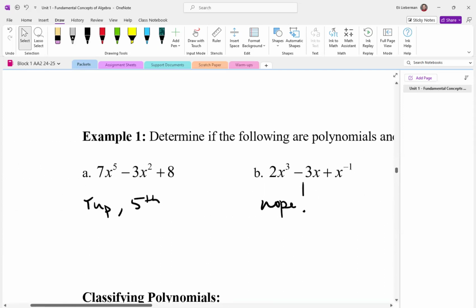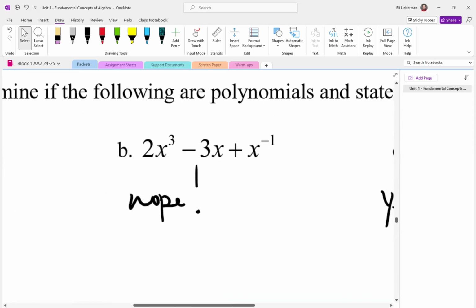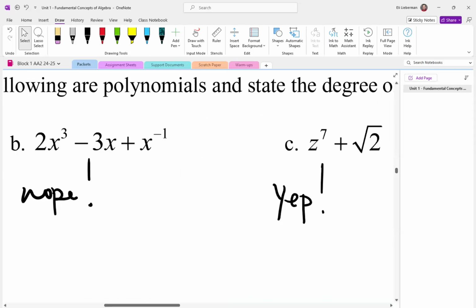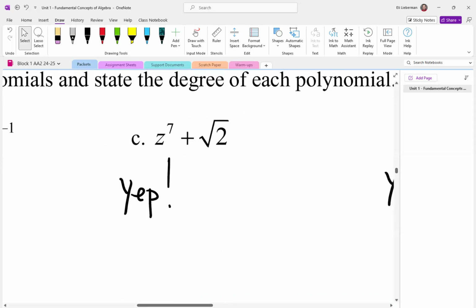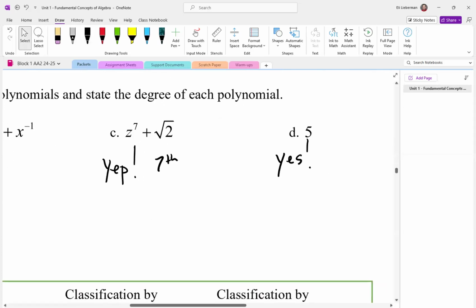Degree is the highest exponent on the variable. So B does have a degree, but it's not a polynomial, so we're not going to give it a degree. If you had to force a degree, we would say third degree, but we wouldn't even classify it since it's not a polynomial. C, seventh degree. D, first degree.